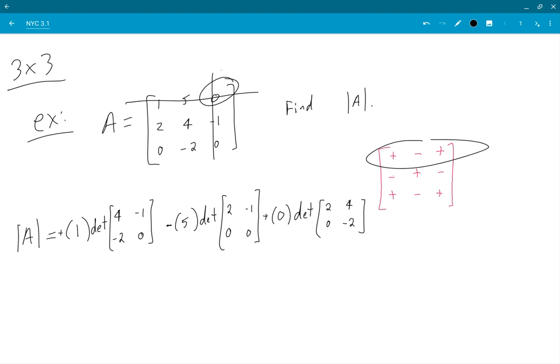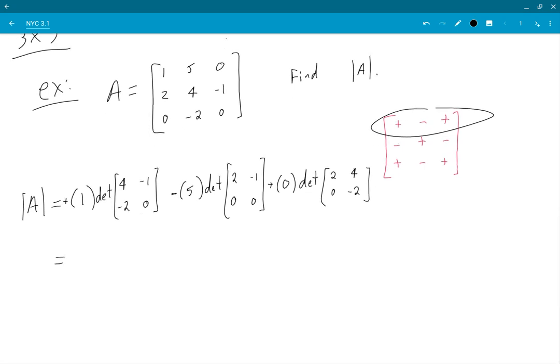Okay, now that's pretty much it. I'm just going to work out this awful thing down here. What do I get? I get 1 times the determinant of a 2 by 2. You do A times D minus B times C. So 0 minus 2 minus 5.